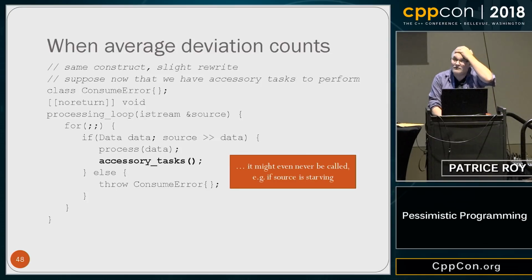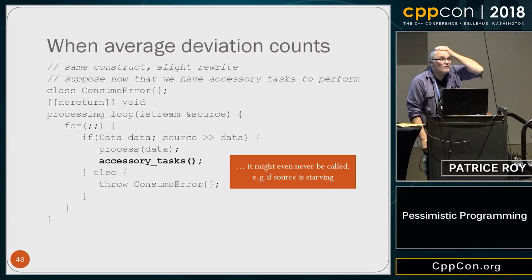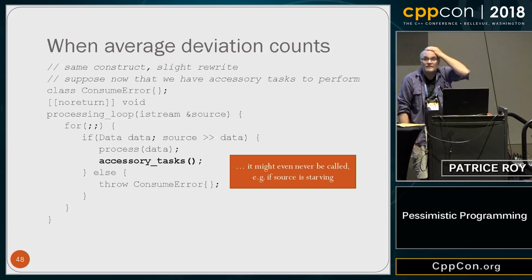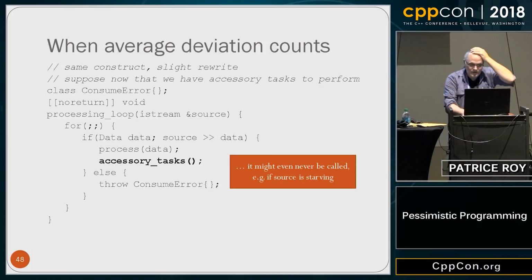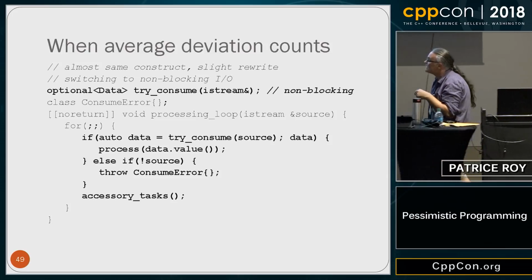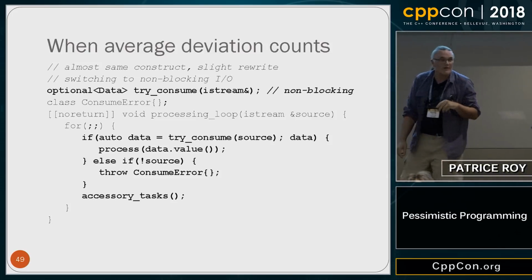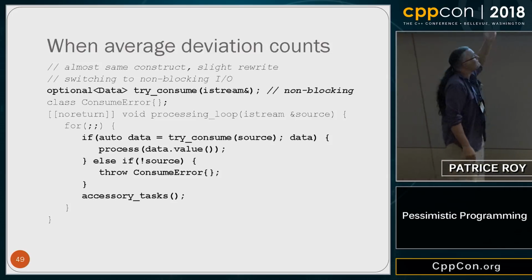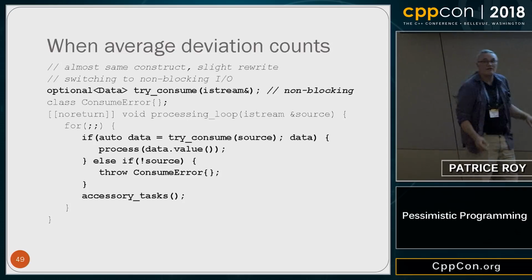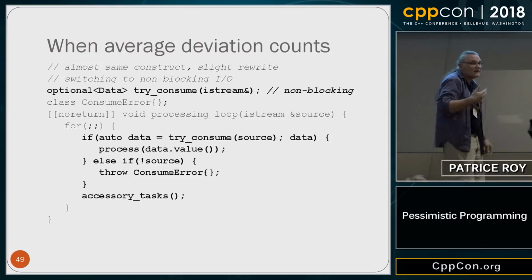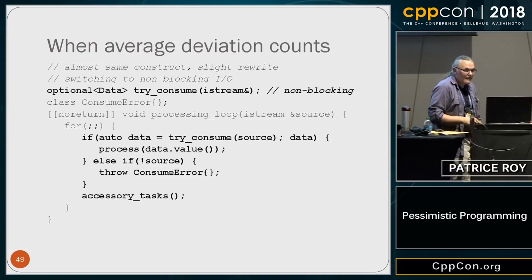And it might never be called, in fact. So if you need to do them and nothing comes in with code like this, you're kind of stuck, which is not cool. Now, if you rewrite it this way, with something that does non-blocking I/O, a try-consume of sorts that would return an optional data of some kind, you can ensure that if you don't get anything, you're selective in doing something else.